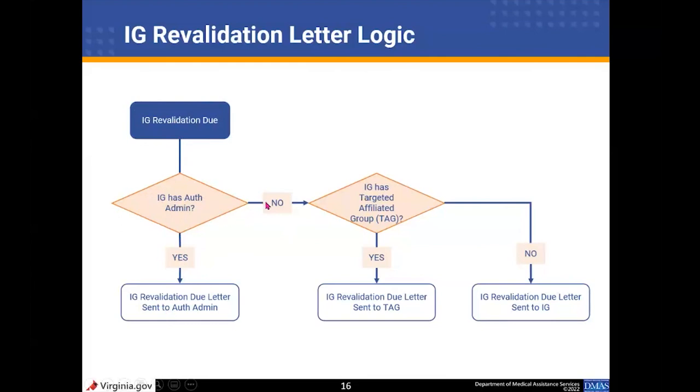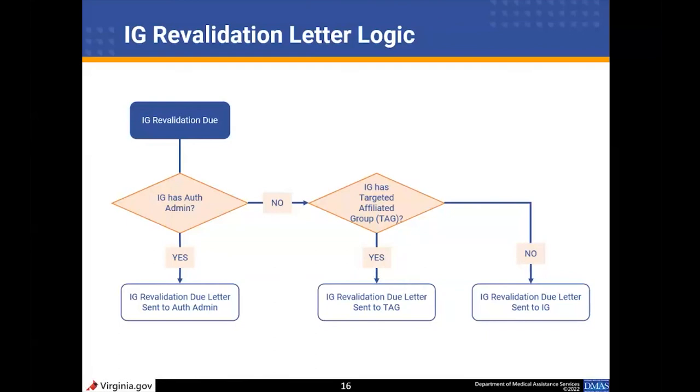If the answer is no, if one does not exist, the system then looks for a targeted affiliated group or TAG, if it's identified by the individual within a group. If an affiliate exists, this triggers the individual within a group revalidation due letter to be sent to that TAG. So if the answer is yes, then that revalidation due notification letter is sent to the TAG.